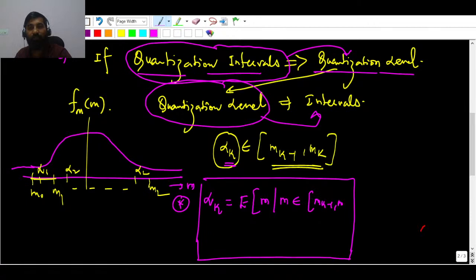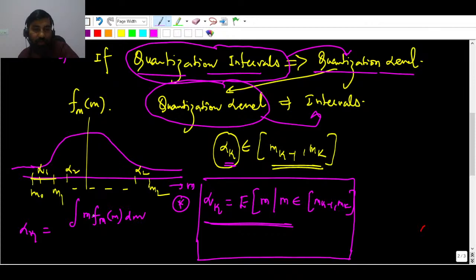This is the result. Let me write here. So alpha k can be written now. If the density function is given, you can integrate that density function, weighing with the help of this density function times m, and this integration will be from m k minus 1 to m k, divided by the total probability in that particular interval from m k minus 1 to m k.